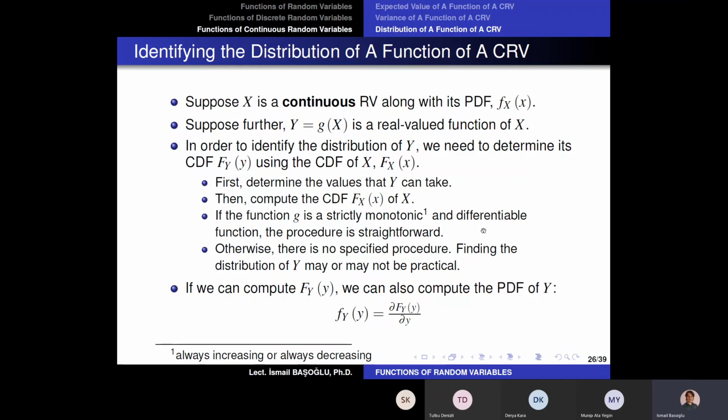There's a straightforward procedure. However, in the other cases where we have a non-monotonic g or a non-differentiable g function, there is no specified procedure, but still it doesn't indicate that it is impossible. It may be possible or it may not be possible.